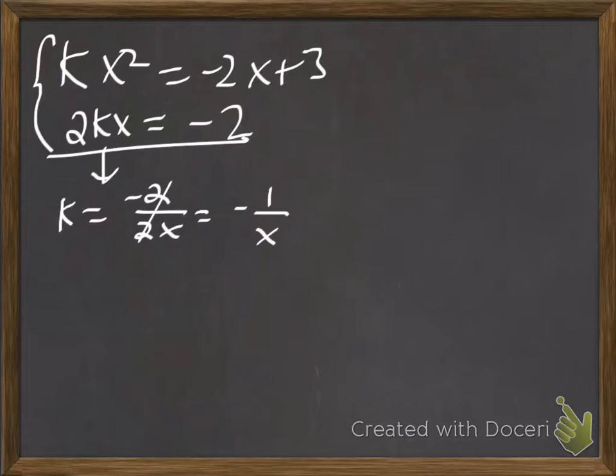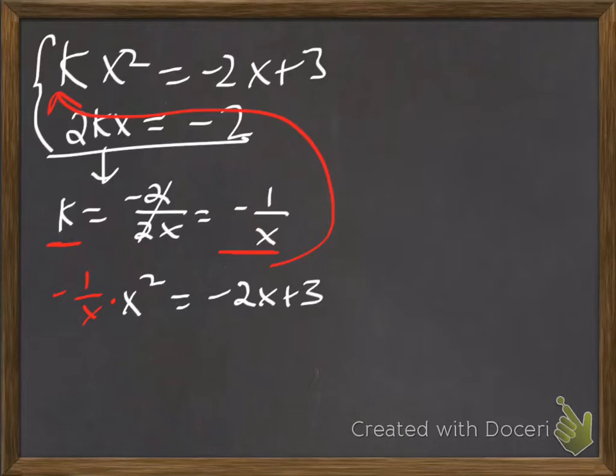So we now have a way to interpret k in terms of x, which means we can substitute this statement, k is equal to negative 1 over x, in place of k in the original function. We're basically using the substitution method from algebra, albeit one of our equations is nonlinear. So in place of k, I'm going to put negative 1 over x, and the rest of the function stays the same, so negative 1 over x times x squared is equal to negative 2x plus 3.